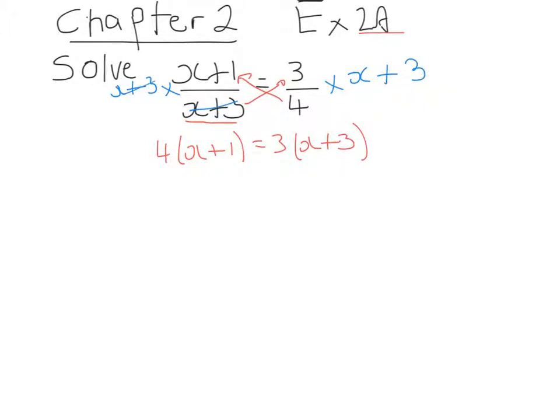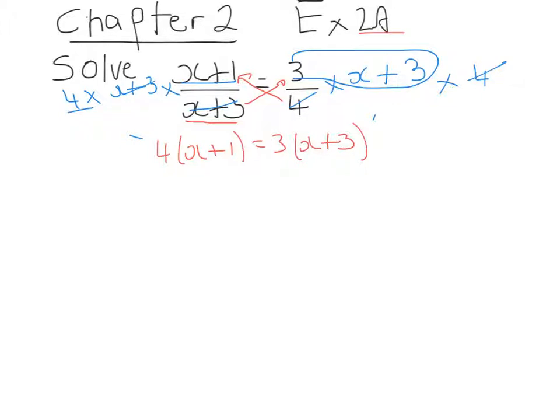But 3 times (x + 3), well, that's what I have here. Now if I multiply both sides by 4, well, the 4's cancel down there and get rid of the 4 on the bottom, but 4 times (x + 1), well, that's effectively what I have there.